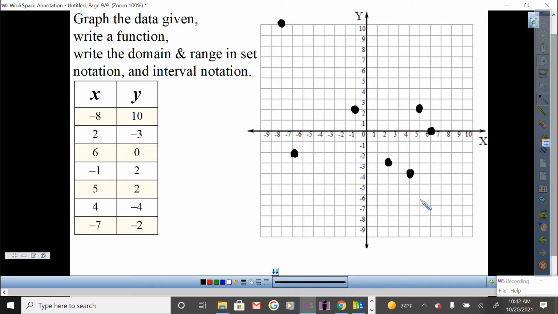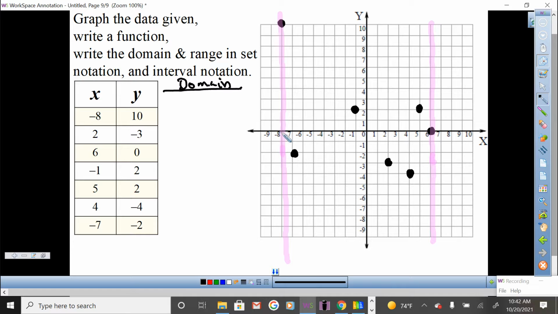So, my farthest point to the left, so I can start my domain, looks like it's this one. And if you got that, yes. And my farthest point to the right looks like it's this one. Which means that for my domain, I'm going to use the dividing points of -8 and 6.